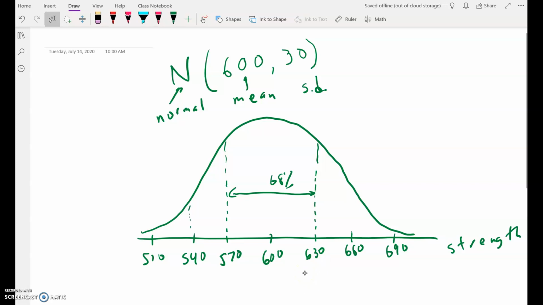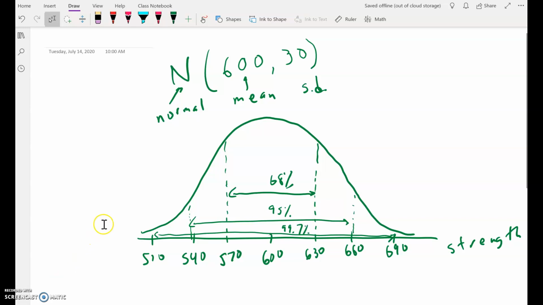Also, according to the 68-95-99.7 rule, 95% of the rivets will have between 540 and 660 pounds of strength. And then finally, 99.7% of the rivets, which is virtually all of them, will have a shear strength between 510 and 690. So let's write that in there.